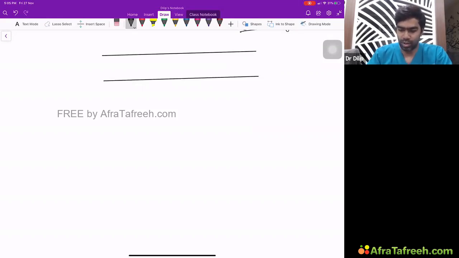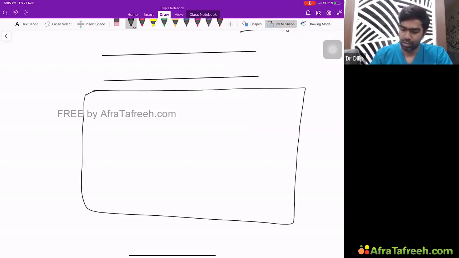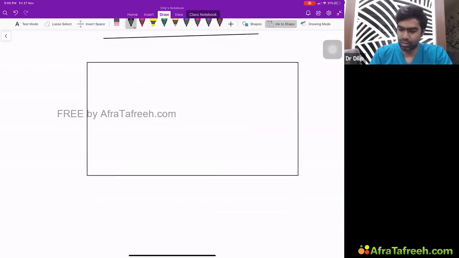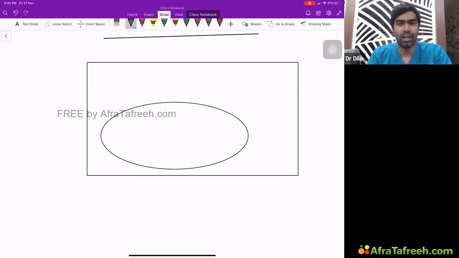So that's why I wanted to draw it. Let me draw the hepatocyte over here. And we have the nucleus here. So I think this must be enough so that we can move on.